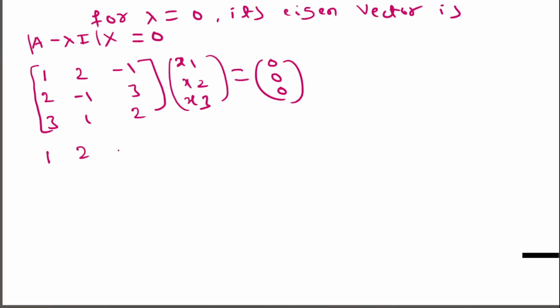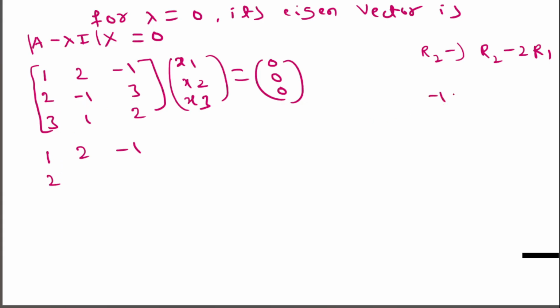The matrix rows are 2, 1, 2, minus 1. Here make this 2 as 0 with the help of this row. That is, R2 is equal to R2 minus 2R1. We have to use this operation in the place of R2: multiply the whole R1 by 2 and subtract it from R2. Then 2 minus 2 is 0.